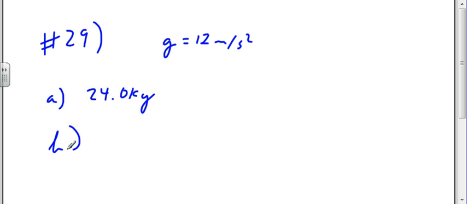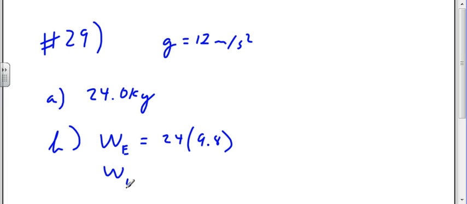B, the weight of the ball on the Earth and on this planet. Okay, so the weight on the Earth, 24 times 9.8, the weight on the planet, 24 times 12.